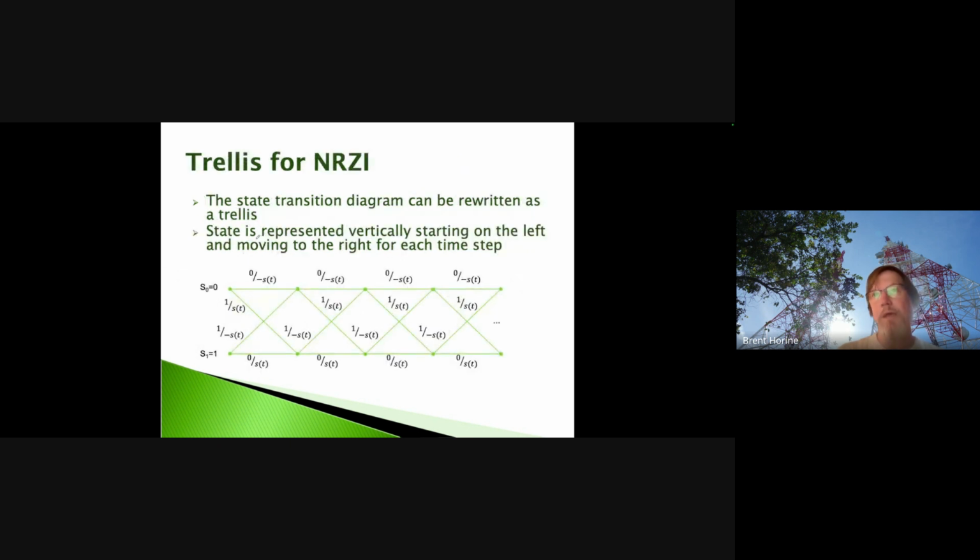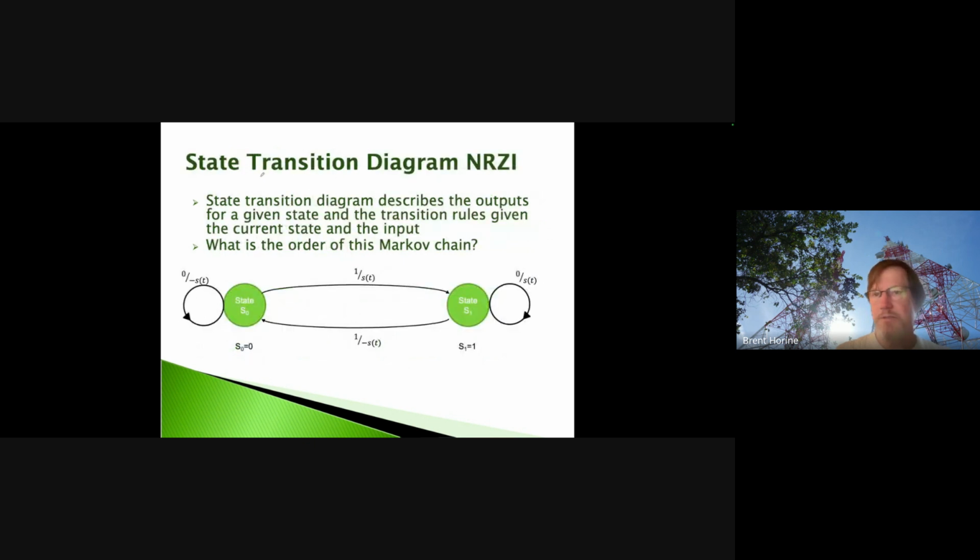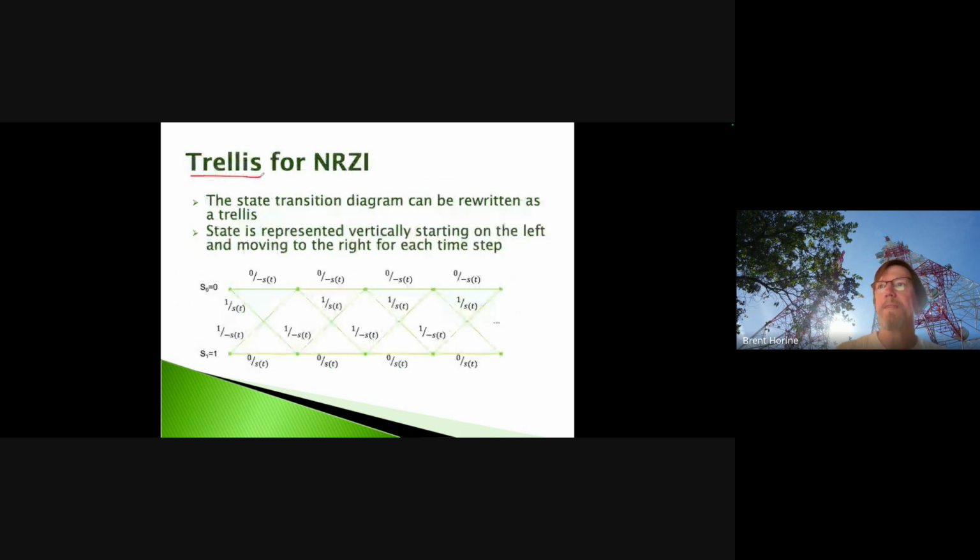Now, another way of writing this is to write it as a trellis. So this is equivalent to this, using different notation, different terminology, but this is nice for when we start expanding to several states instead of just 2 states.